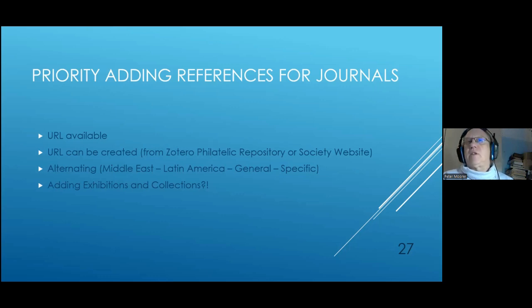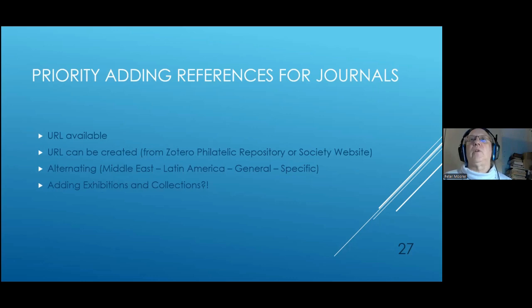But I'm still not quite clear about whether I would or should add exhibitions and collections. I got the Johan collection from Johan. It wasn't in a PDF. I placed it in a PDF, but it had 750 sheets of a collection, which provides a lot of information if you are searching for something.